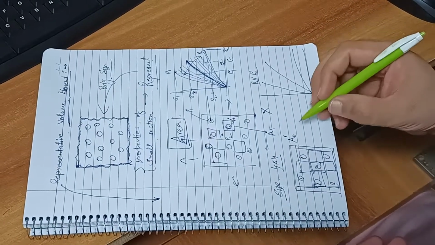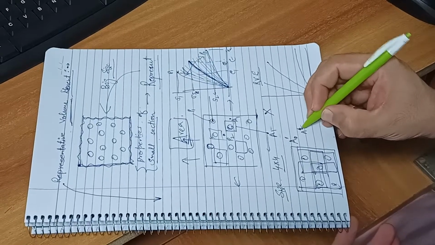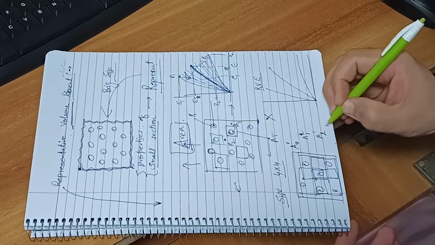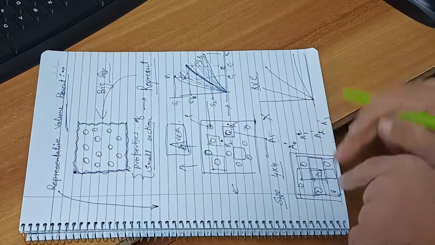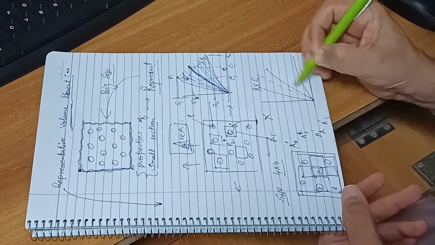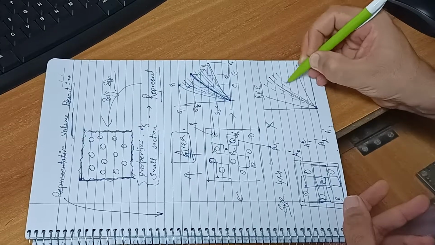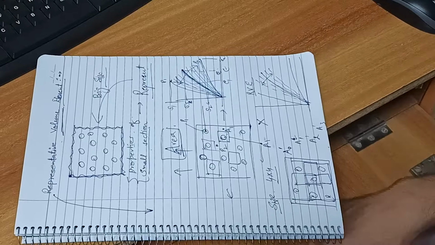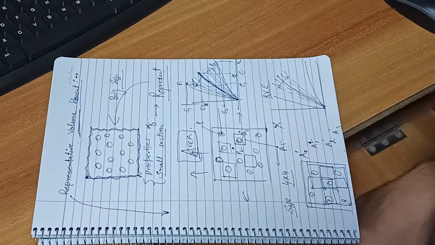So I have constructed A1, A2, A3, A4, these are the four areas. Now if I draw these curves here, they will be like this. It could be overlapping with this one. So you see that this variation has reduced now. So it's getting closer and closer to the actual property of the composite.